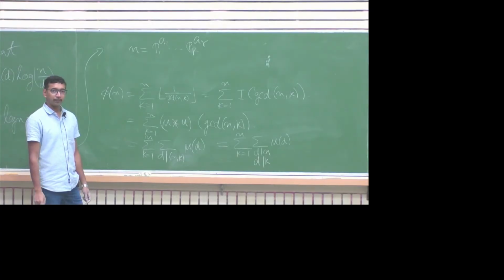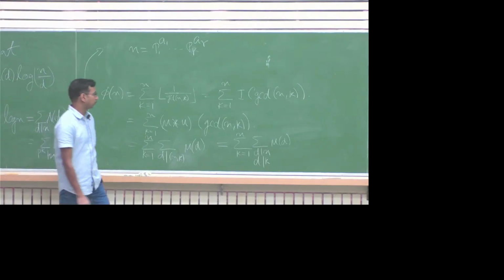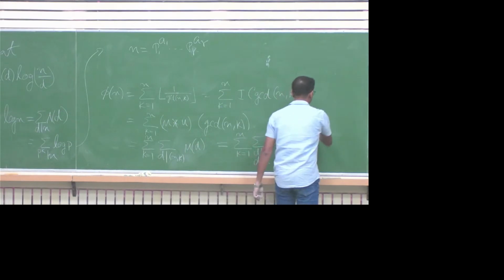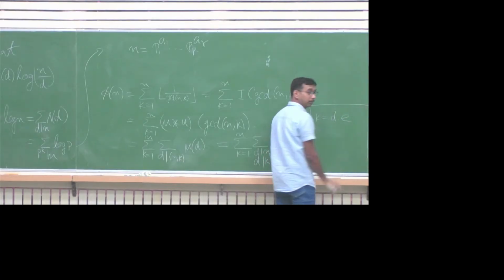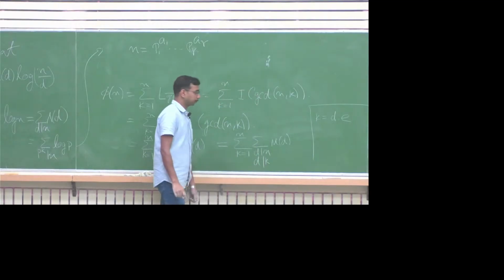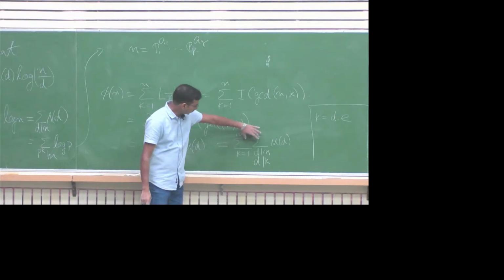So we write k equal to d times some e. Now if we fix the divisor d dividing n, we want to switch the sum.